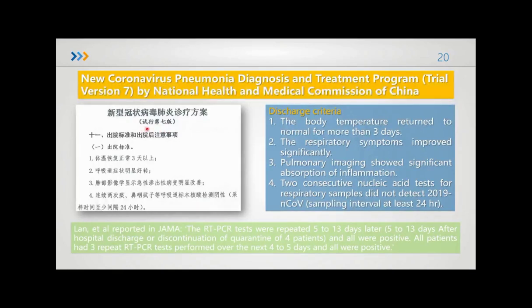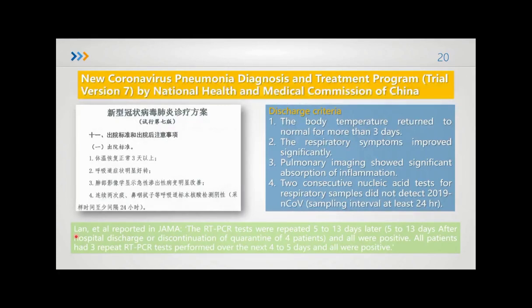of China. But Lan reported in JAMA that the RT-PCR tests were repeated 5 to 13 days after hospital discharge or discontinuation of quarantine of 4 patients, and all were positive.